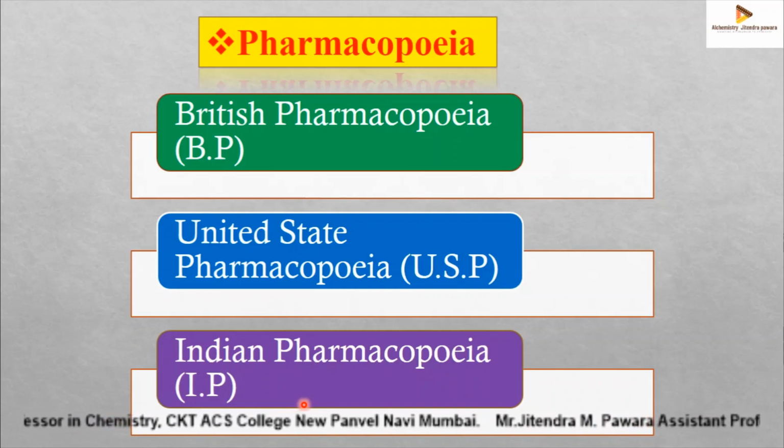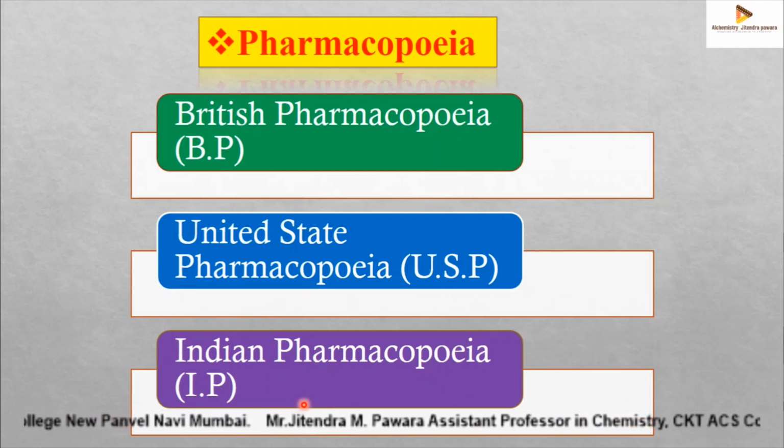Each later edition supersedes the previous one. There are also supplements, that is addenda, in 1960, 1975, 1990, 1992, in order to keep the pharmacopoeia accurate, authoritative and up to date.